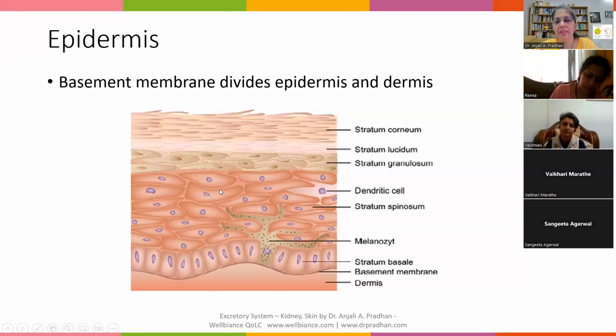As these cells move upward, they lose blood supply. Okay. Because there is no blood supply, these cells start flattening up. They become dead. They start becoming dead. And the cell organelles, cell में cell organelles रहते हैं ना, correct ना?